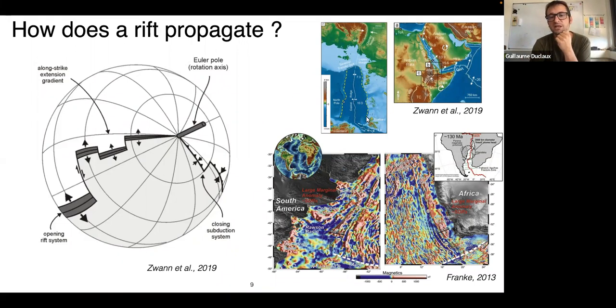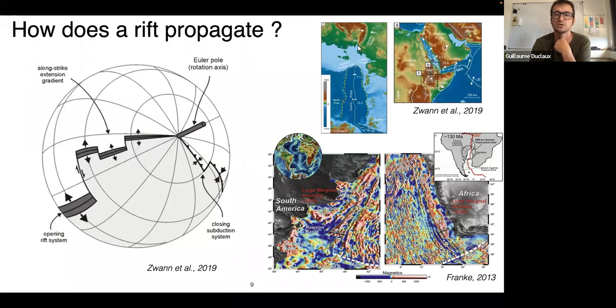We've got evidence of that also in the Gakkel Ridge at the top of the Earth. This is Greenland, you've got Svalbard here, this is Russia. And in the north here, you've got a beautiful propagation of a V-shaped system, and you can see the velocities, the spreading rate of the oceanic ridge. They decrease toward this point here, where you eventually get compression.